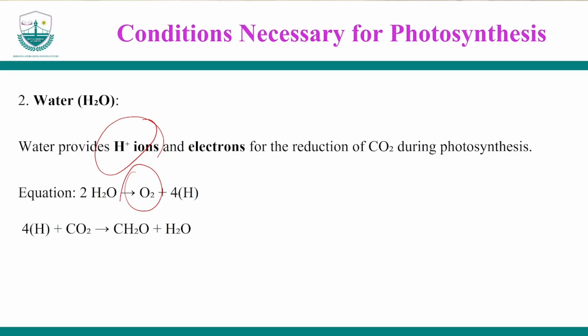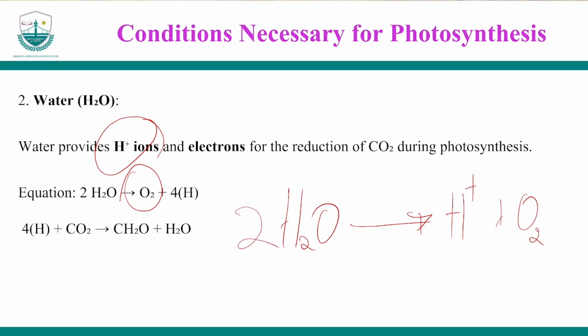This can actually be represented as water giving you hydrogen ions plus oxygen. Now, if you want to balance this, to balance the oxygen, you need to put a 2 here, such that the oxygen balances, and then you put a 4 here.